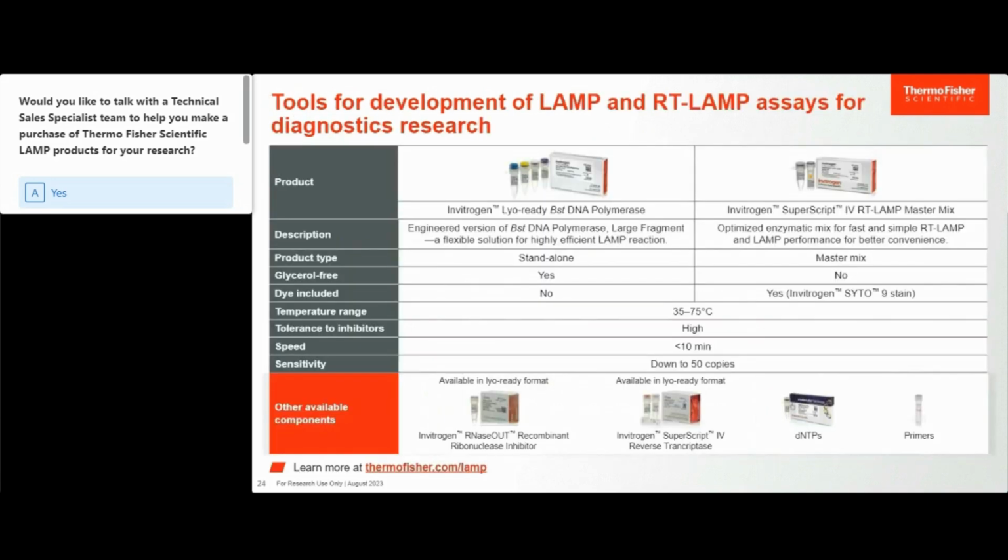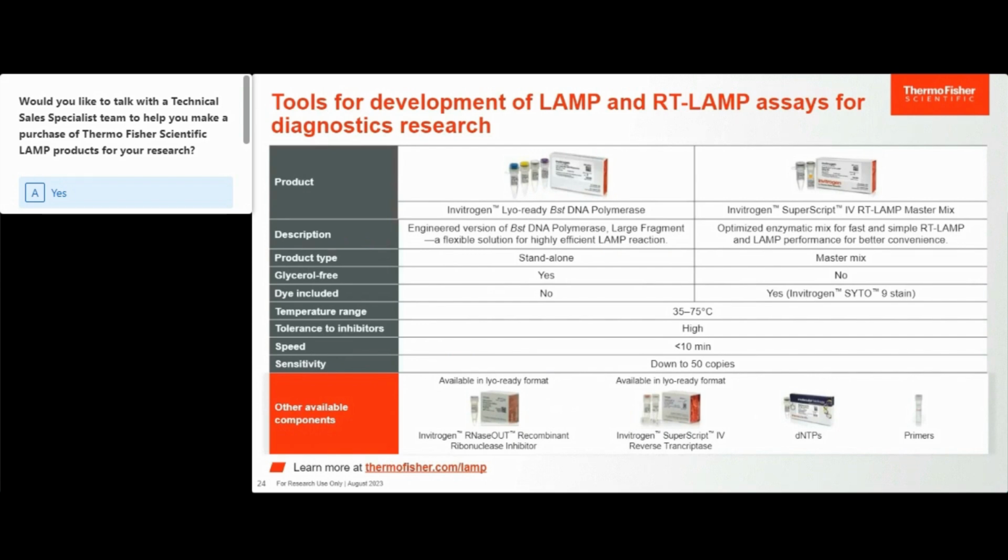Now that we have explored the diverse applications of LAMP, let's turn our attention to the tools essential for the development of LAMP and RT-LAMP assays in the field of diagnostic research.